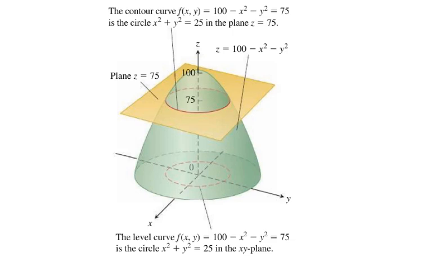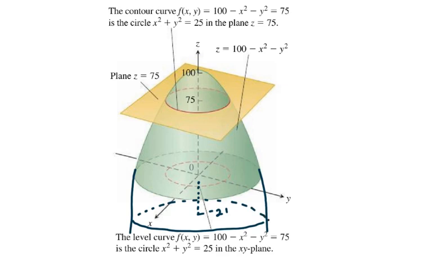And as I said, this doesn't just end here. It keeps going down forever because at z equals negative 21, we would have this other circle that we talked about. So this is an infinitely expanding paraboloid.